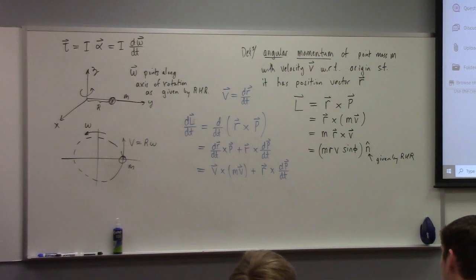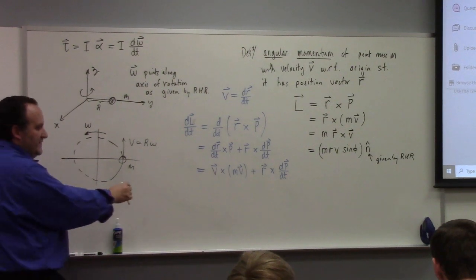Now I'm doing all of this for a point mass just to get us started. In a future lecture, I'll talk about how this works out for a rigid body, a system of masses that are glued together who share a common fate of motion, like an actual material object. But let's start with a point mass.